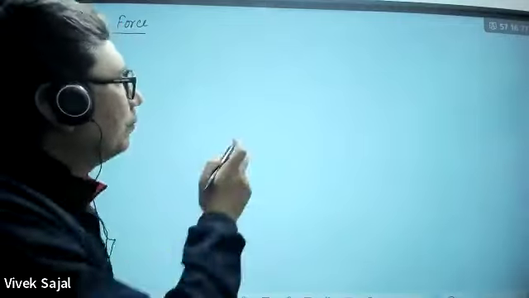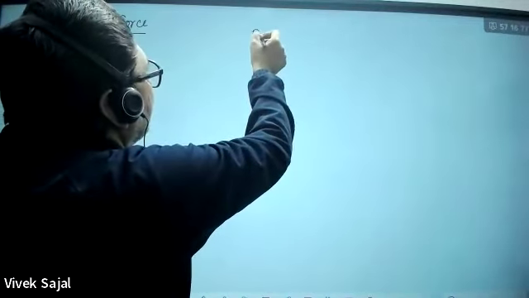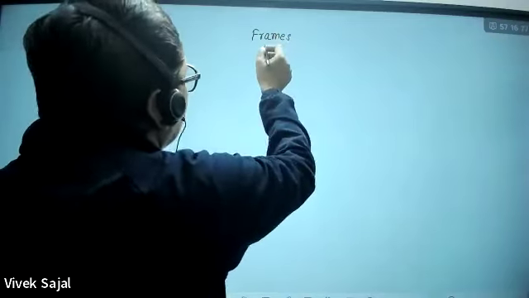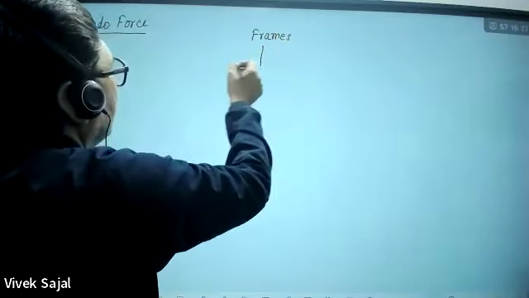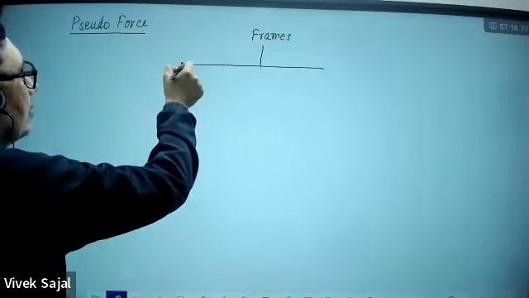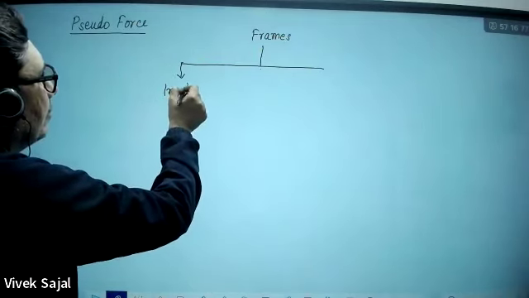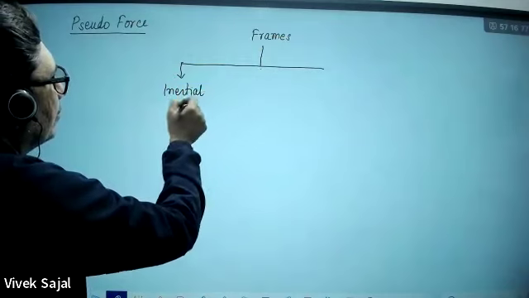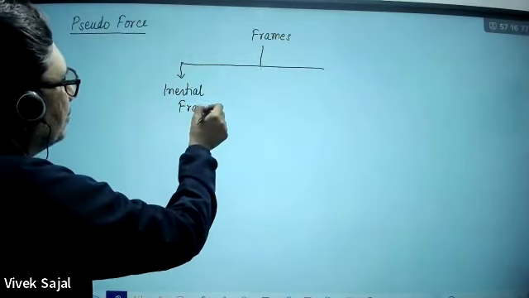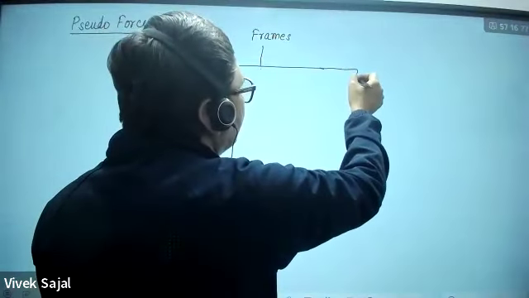accelerated frame. So first we have to understand the meaning of frames. If you look at frames, two types of frames are there. One is called inertial frames, and the second is non-inertial frames.